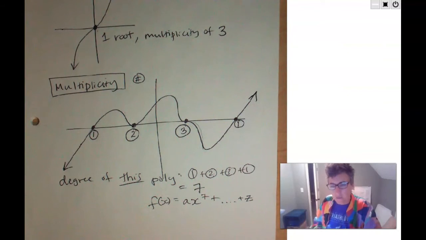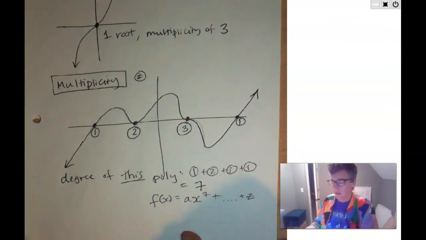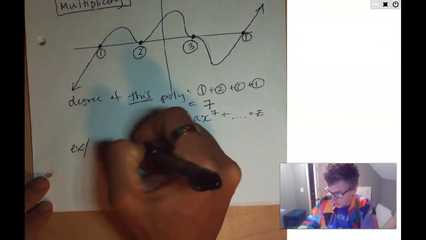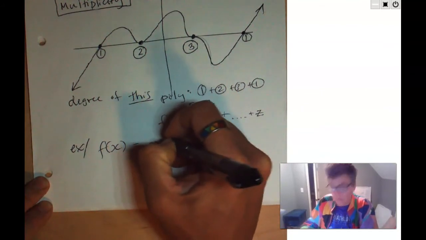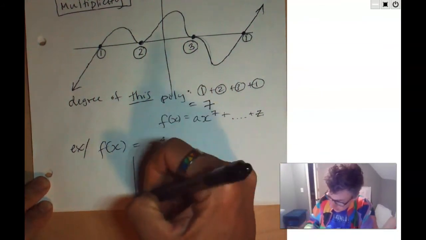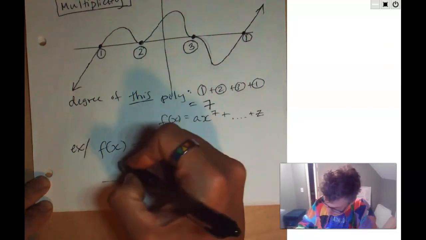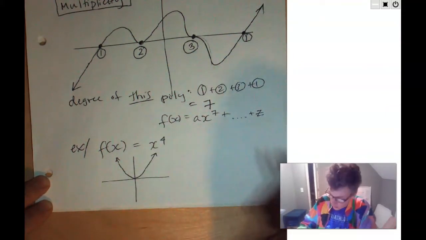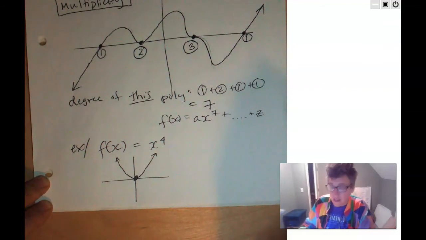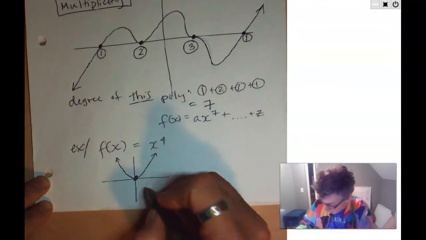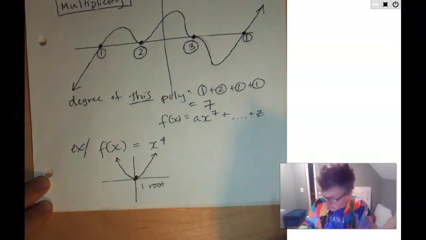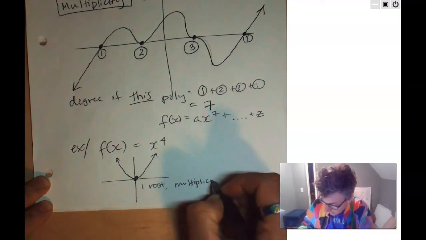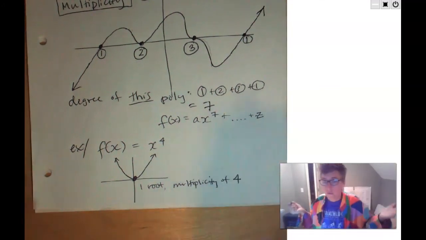Alright, you can have higher multiplicities than 3. For example, if we had f of x equals x to the 4th, if you graph that, you will find that it looks shockingly like our quadratic function, and it will only go through the x-axis one time, but we're supposed to have 4 roots here, so we know implicitly that we have a multiplicity of 4.